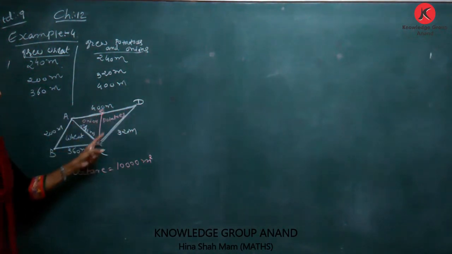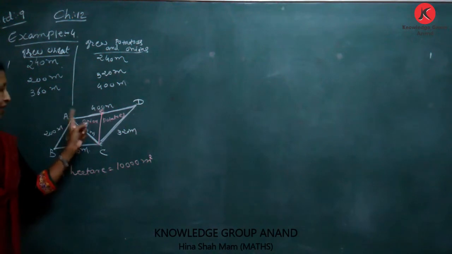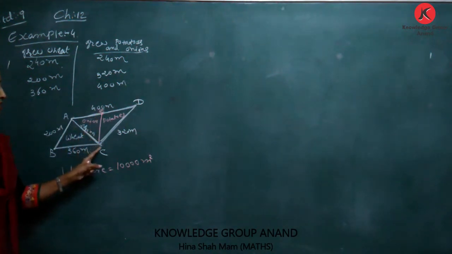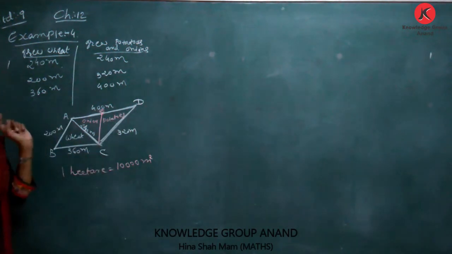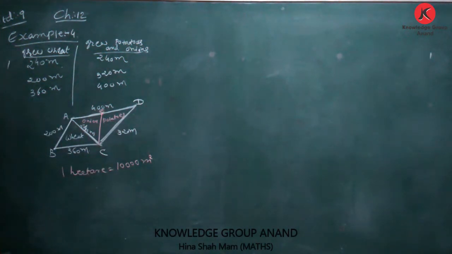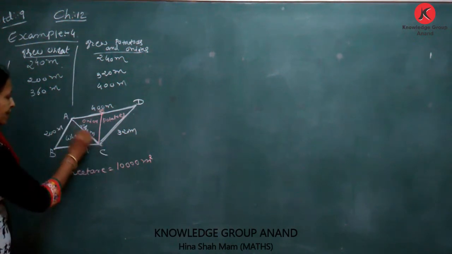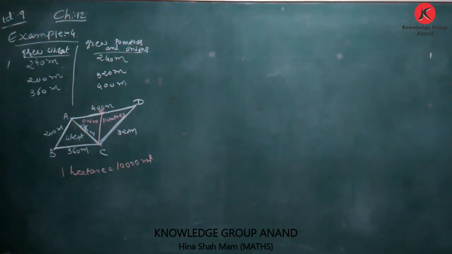Then in part AEC she grew onion, and in ACED she grew potatoes. In this question, we first find the area of the triangle where she grew wheat.